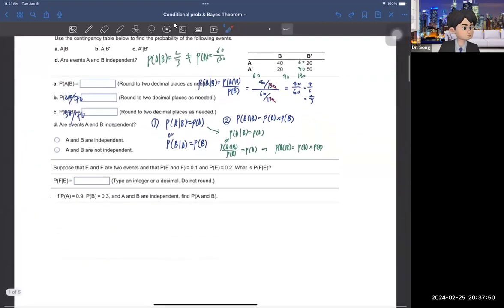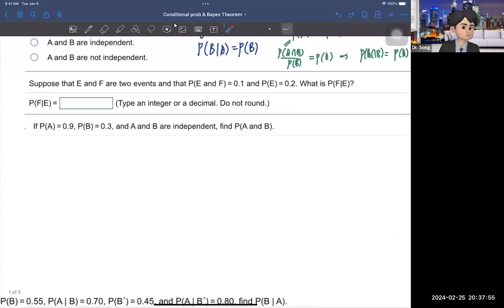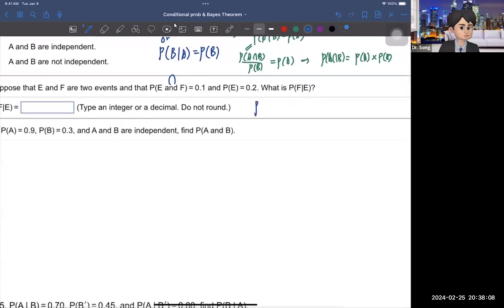Okay. Now here, the following question: suppose that E and F are two events, and probability E and F is 0.1. So in probability, when you have this "and", that's the intersection, and "or" is a union. So let me denote the question here. Probability E and F is 0.1, and probability E is 0.2.